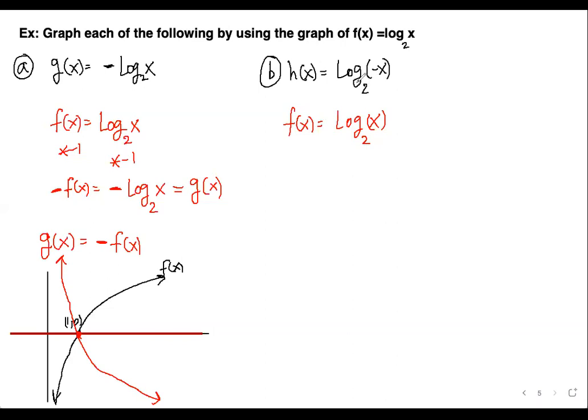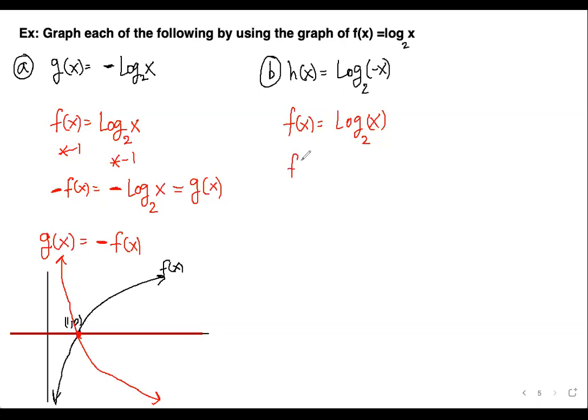Multiply x by negative from inside, or in other words, I can substitute minus x. So multiply this by negative or substitute the negative x inside the parentheses.